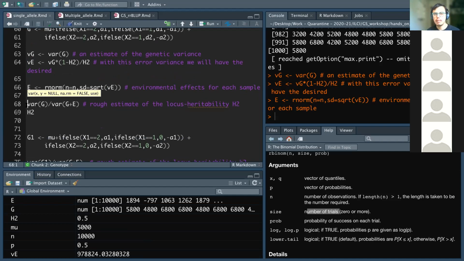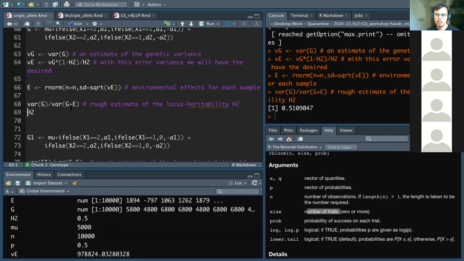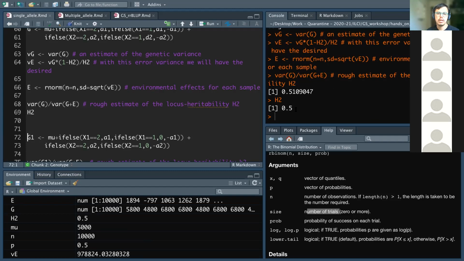And as you remember, the broad sense heritability is equal to the genetic variance divided by the phenotypic variance, and the phenotypic variance is equal to the genetic variance plus the environmental variance. If you do that, you can estimate that with the simulations that we did, the heritability is equal to 0.51, and the theoretical or true heritability is 0.5, so it's pretty close.